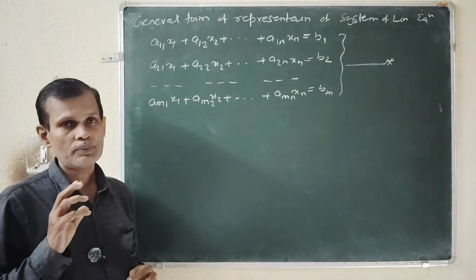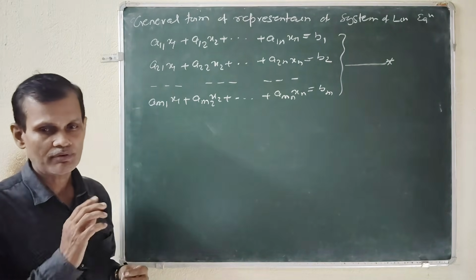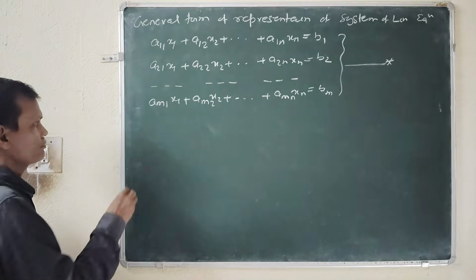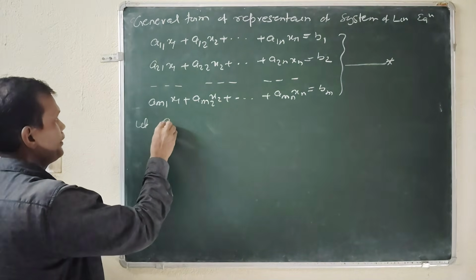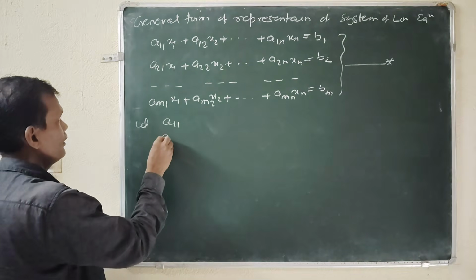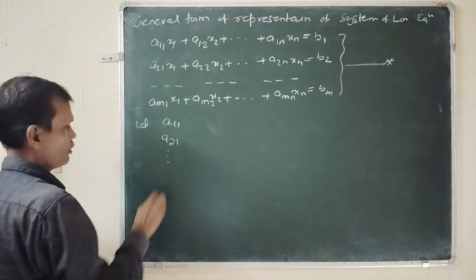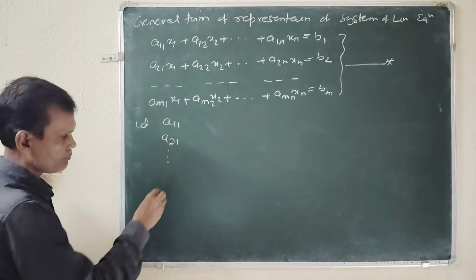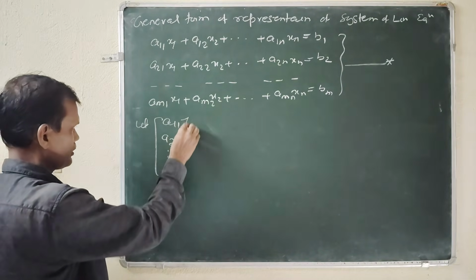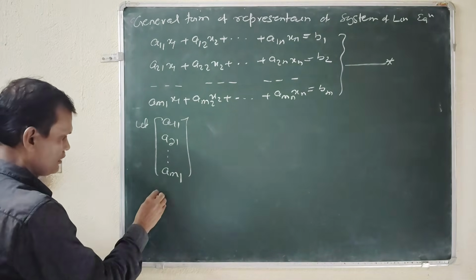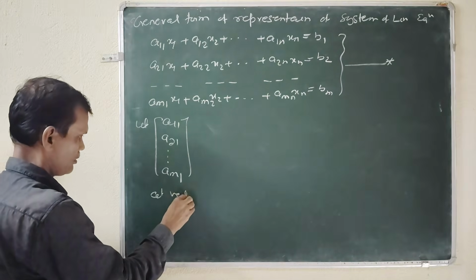If we try to represent this in vector form, let a11, a21 up to am1 be a column vector.